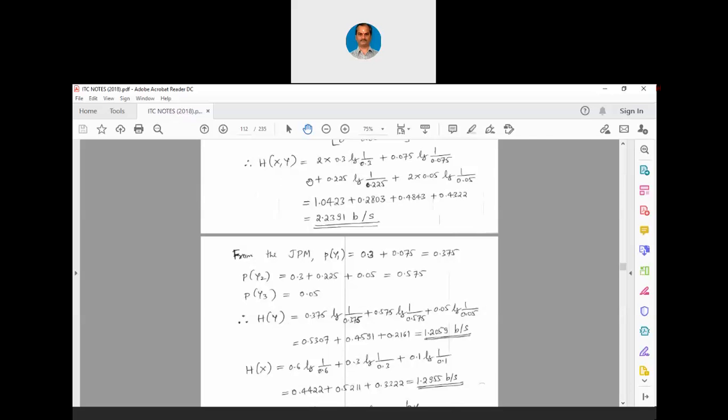H of x plus H of y minus H of x comma y, you will get I of A semicolon B. You will get mutual information. Once you get mutual information, H of x minus mutual information is H of x slash y. H of y minus mutual information is H of y slash x. That way you can find out the equivocation. Now let me zoom out.